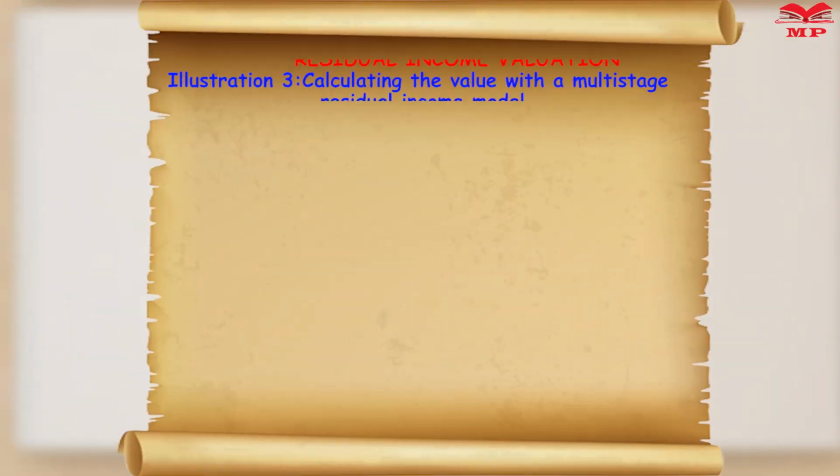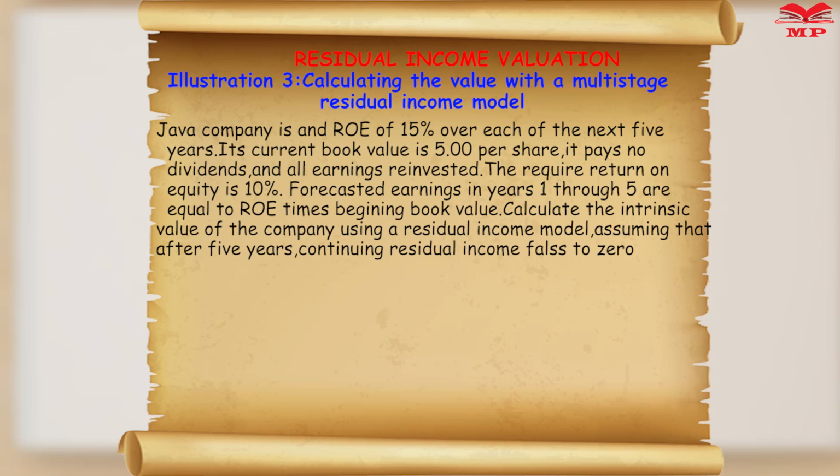Java company is expecting an ROE of 15% over each of the next 5 years. Its current book value is 5 per share. It pays no dividends and all earnings are reinvested. The required return on equity is 10%. Forecasted earnings in years 1 through to 5 are equal to ROE times the beginning book value.